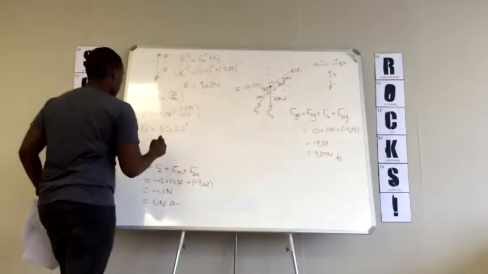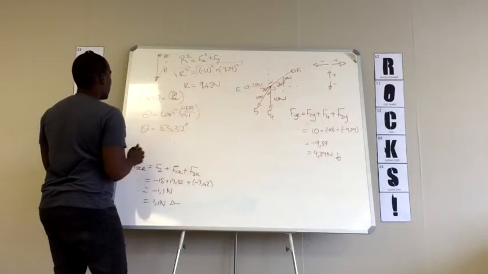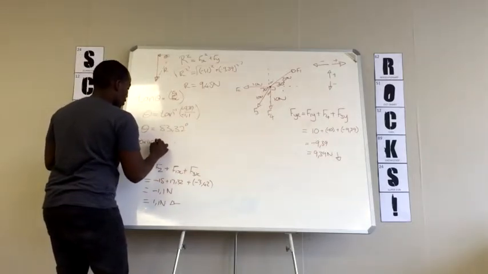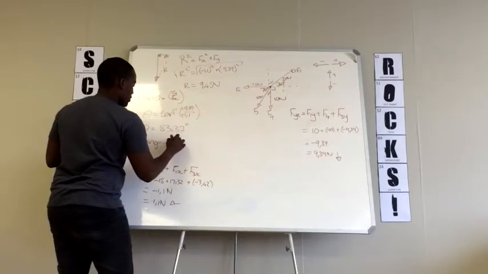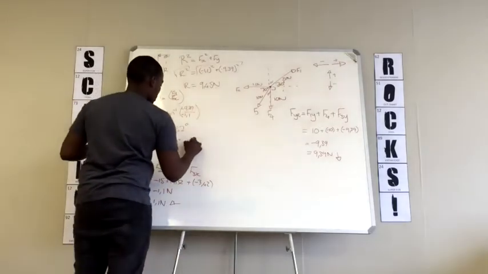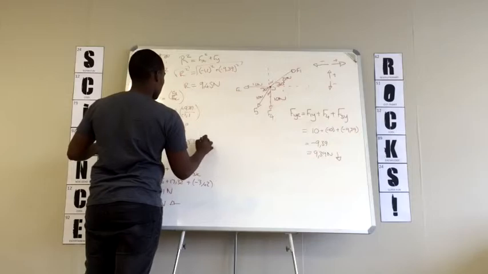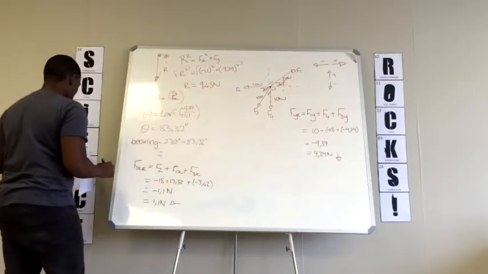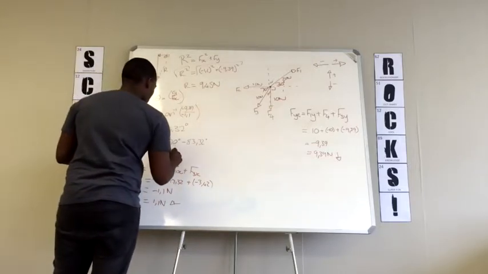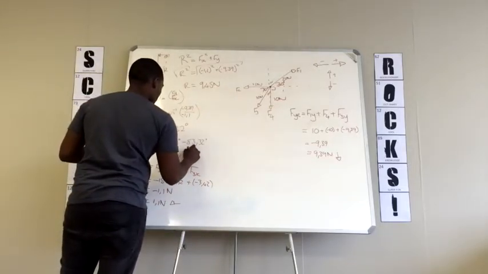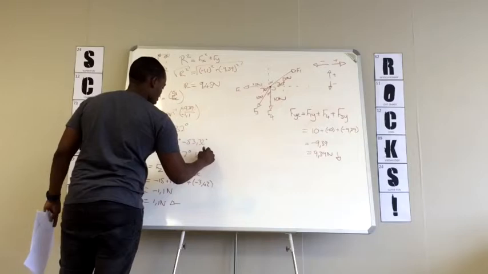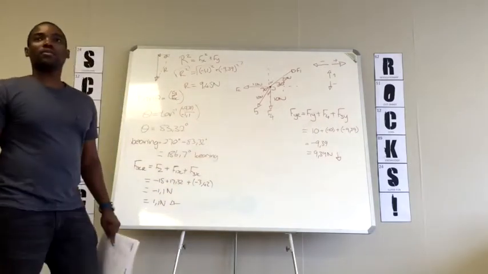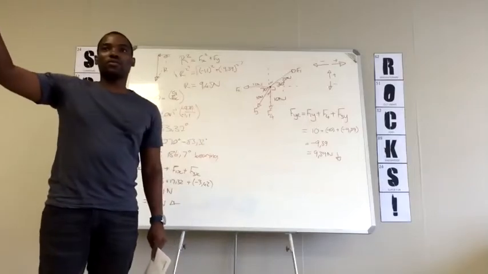So for the absolute bearing, it's going to be a bearing of 270 degrees minus 83.32 degrees. And what's my answer? 186.7 degrees bearing. Does that make sense to everyone? Any questions?